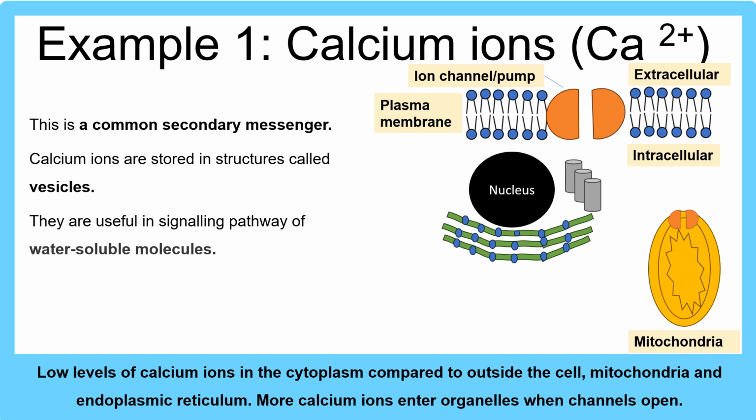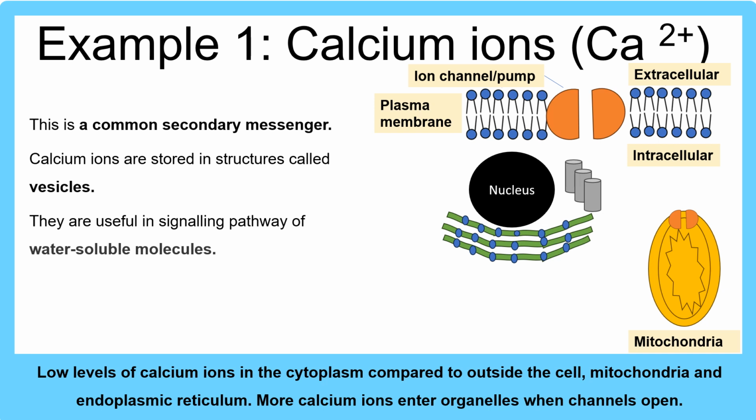Now the aim of the cells is to maintain a low concentration of calcium ions within the cytoplasm, and in order for that to take place it needs to be regulated. So there are low levels of calcium ions in the cytoplasm compared to outside the cell, the mitochondria and the endoplasmic reticulum.